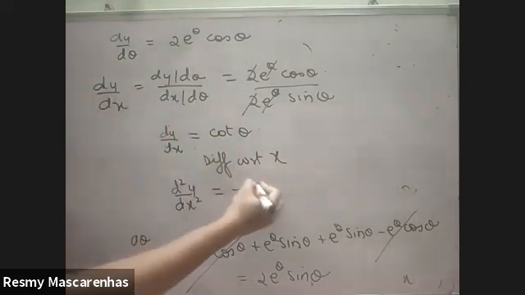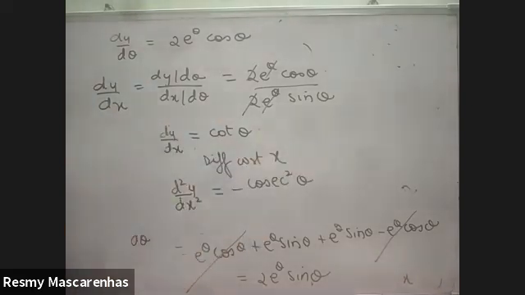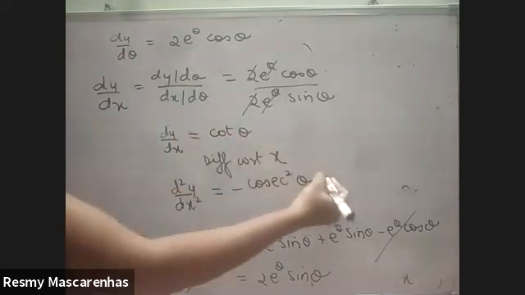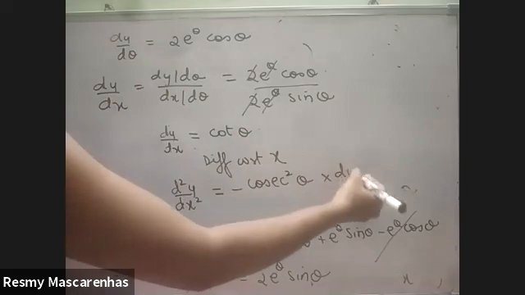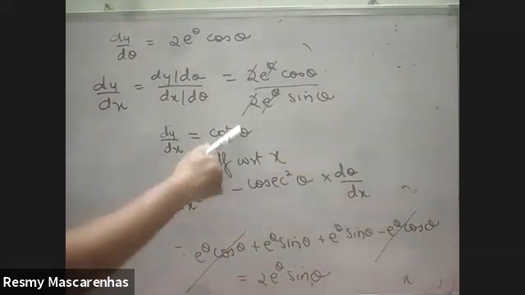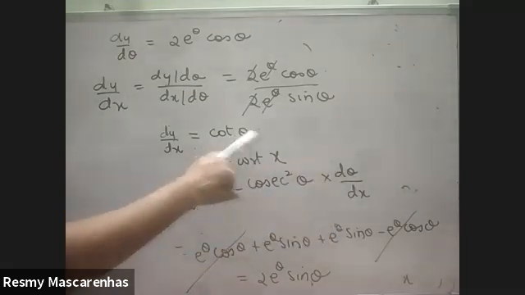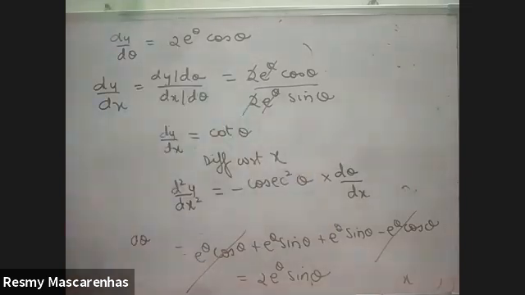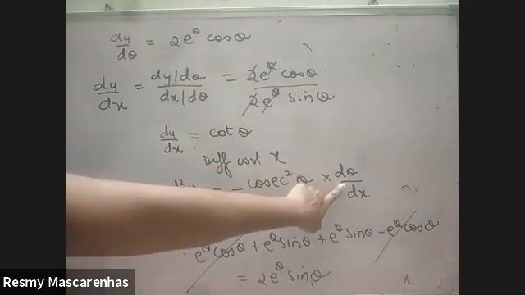Derivative of cot θ will be minus cosec² θ. But now, since this was θ and this is x, there will be an extra factor. If this was y, we would have written dy by dx. But now, since this is θ, we have to write this as dθ upon dx. If you forget this, your entire answer will go wrong.